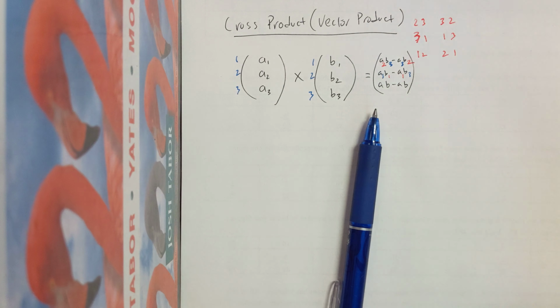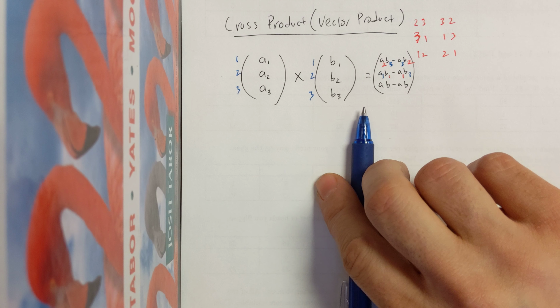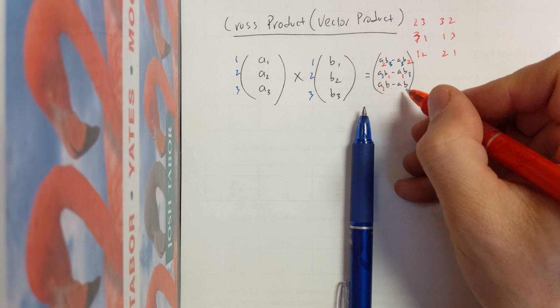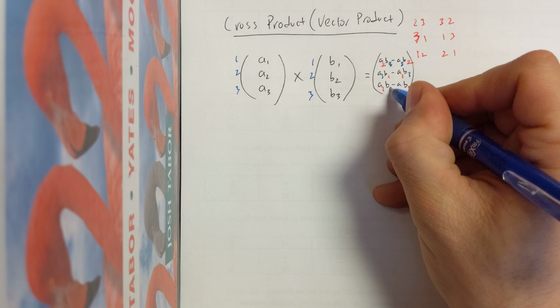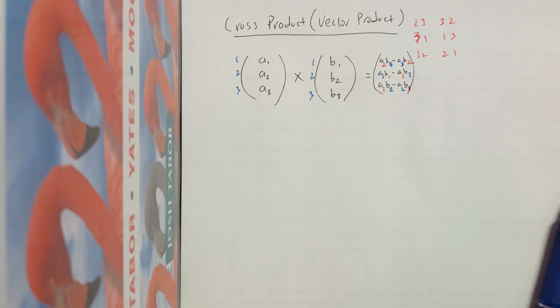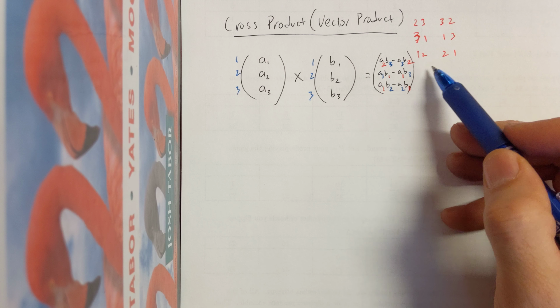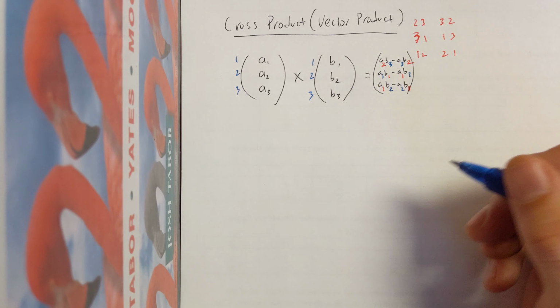And then finally, we'll have A1 times B2 minus A2 times B1. There are a couple of different patterns you can hear in these numbers, but this is one way. I've had plenty of students who just memorize this pattern: 23 minus 32, 31 minus 13, 12 minus 21, and that helps them get this.